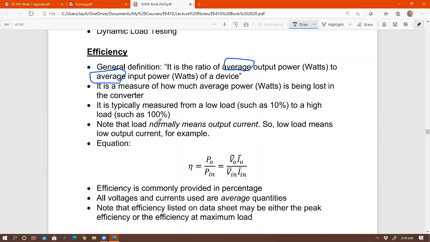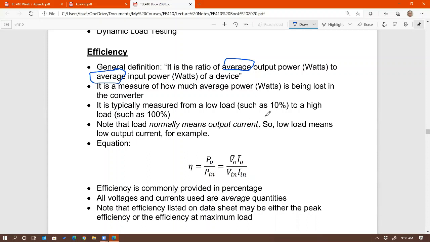And I forgot to mention that efficiency is typically measured from some low load, such as 10%, to a high load, such as 100%. Keep in mind, I mentioned in the lab last week, I believe, that load in power electronics typically means output current or output power.